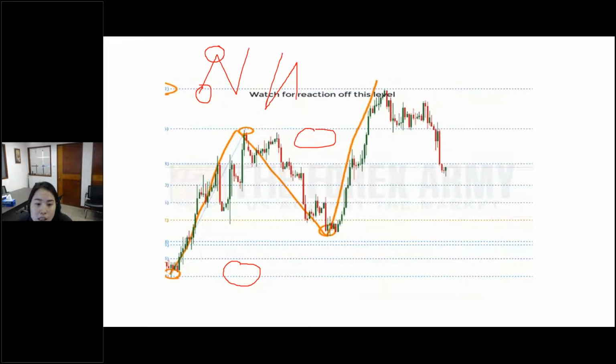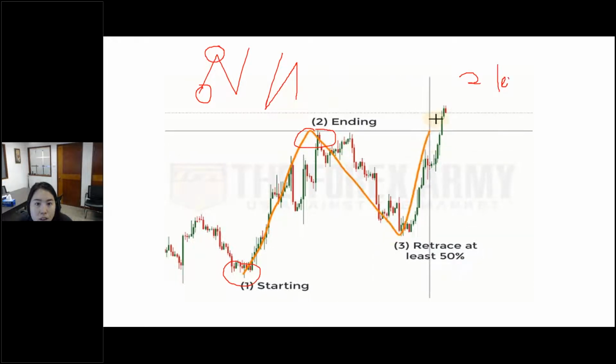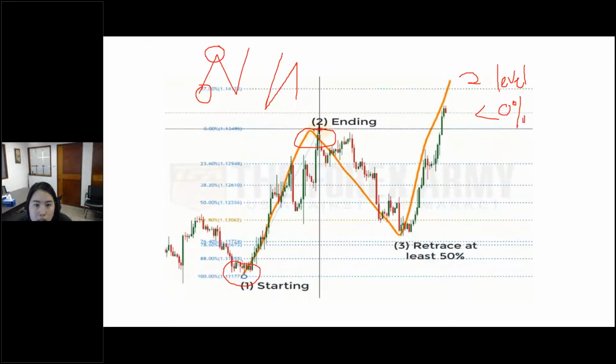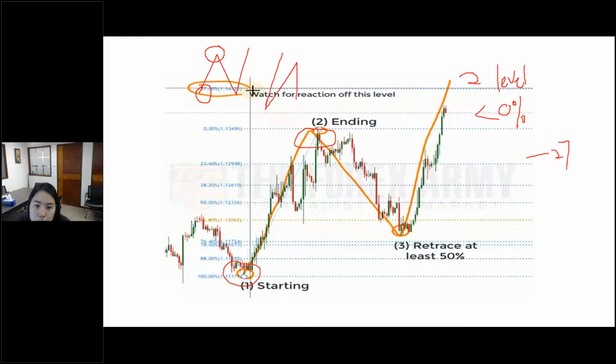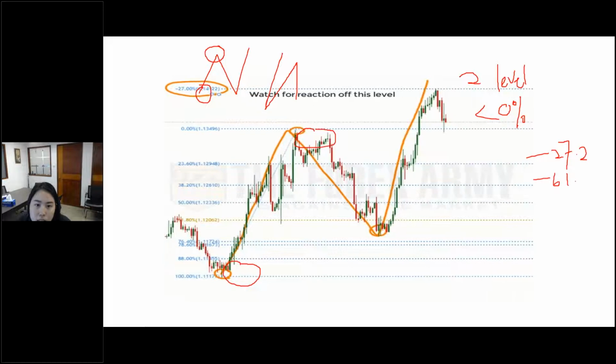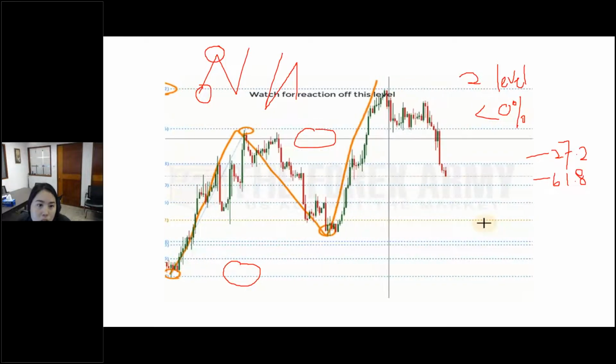Basically the Fibonacci expansion is just 2 levels. It is the level below 0, below 0%. That means the 2 levels that we focus on for Fibonacci expansion are negative 27.2 and negative 61.8. There's only 2 levels that we focus on, and they are both the negative levels.